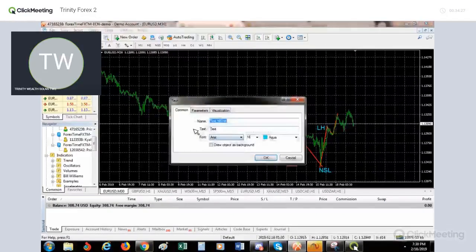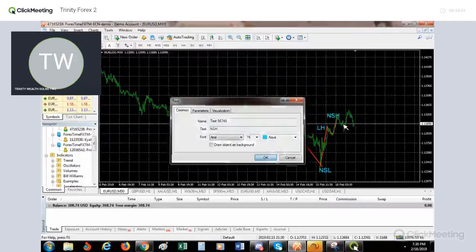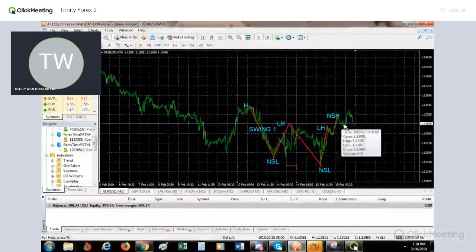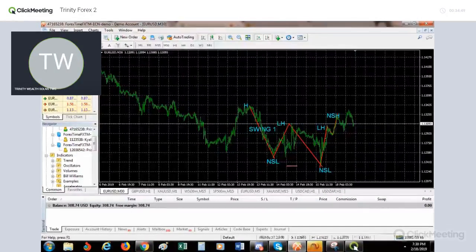So now whatever it has formed is the new structure high. Okay, the moment it breaches, it's already showing us it's an uptrending market. We are already seeing it has formed a higher high than the other highs. Already it is adopting the characteristics of an uptrending market.